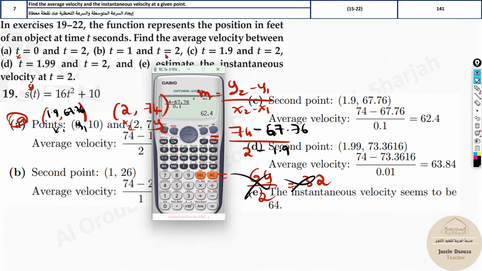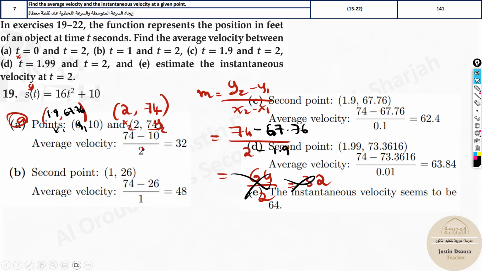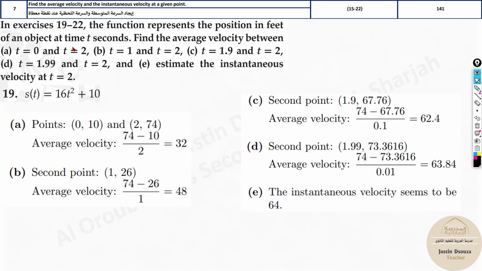So what you can see, if you look carefully, is that we need the average velocity for the time interval. But you can't find it at one specific point, because the slope requires 2 points. Okay, so you got 2 intervals, but as you're coming closer and closer, here you can see it's 1 to 2, 1.9 to 2, 1.99 to 2.